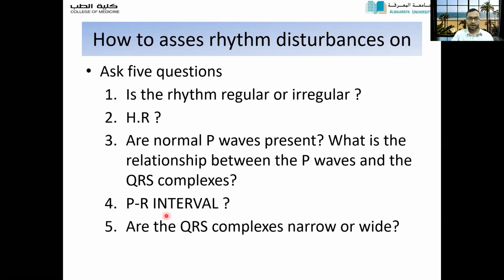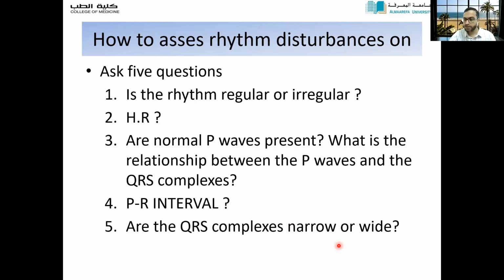What is the PR interval? Is it prolonged or shorter? And are the QRS complexes narrow or wide? Because I told you, when the QRS complexes are narrow, they suggest that the beats are originating in the atrium. But if the QRS complexes are wide, it suggests that beats originate in the ventricle.